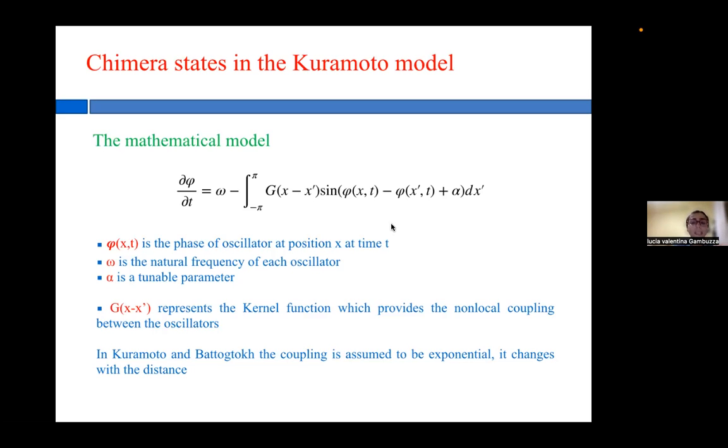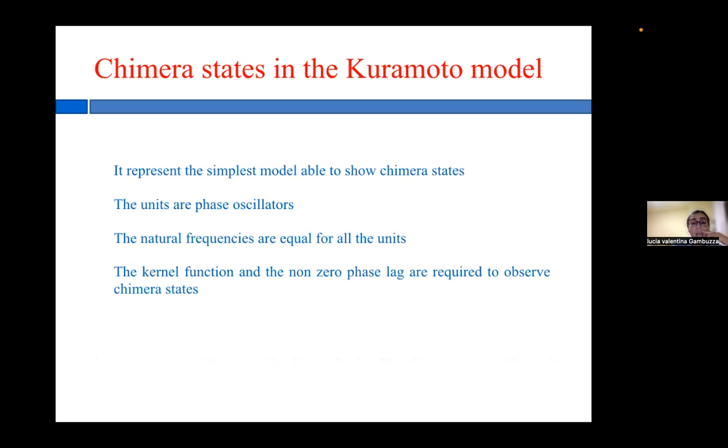And then we have the classical coupling of the Kuramoto model, the sine function of the difference of the phases of two units in the network, plus an additive term, alpha, which is a tunable parameter that can be adjusted to look at the behavior of the system.